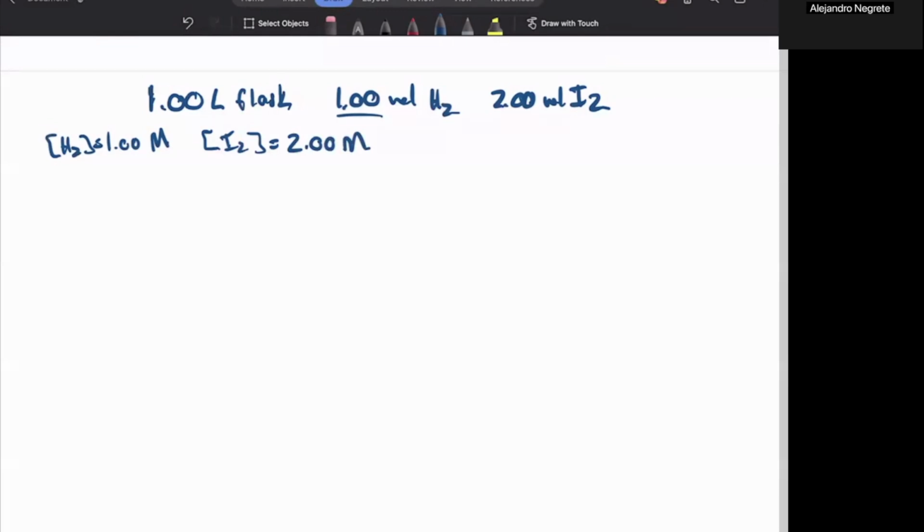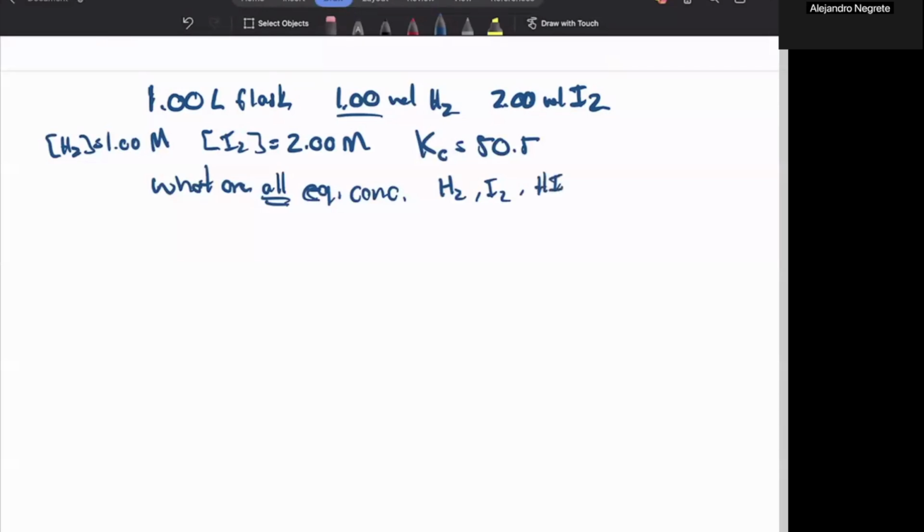The value of the equilibrium constant. Our equilibrium constant, our K sub C, from this reaction is going to be 50.5 under these conditions. So now it's asking us to calculate what are all of the equilibrium concentrations for H2, for I2, and for HI, right?